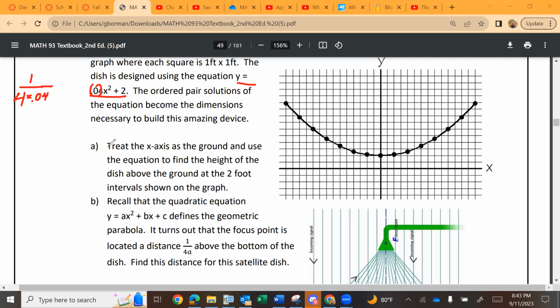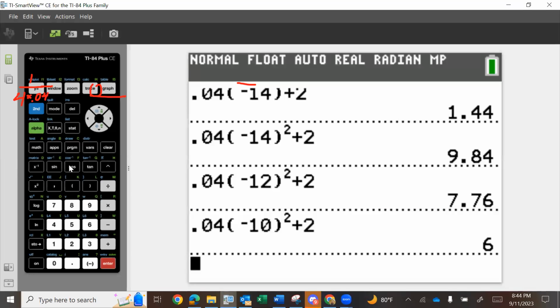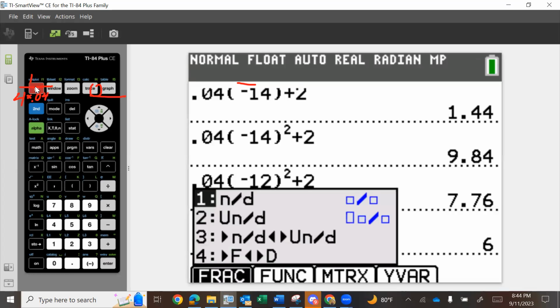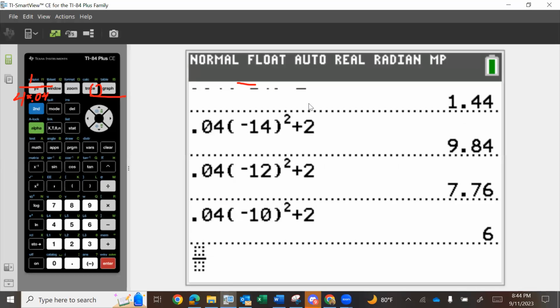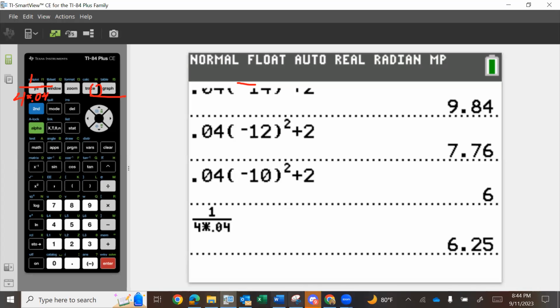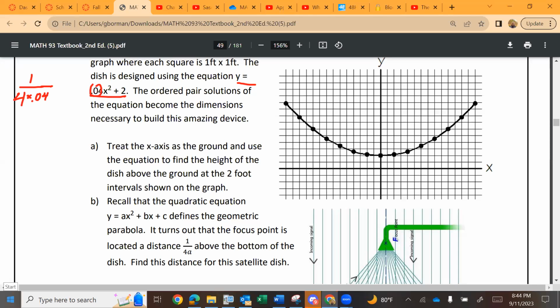That's our a. I'm just going to do alpha y equals enter because it's cool, and then I'll type this in, 1 over 4 times 0.04.